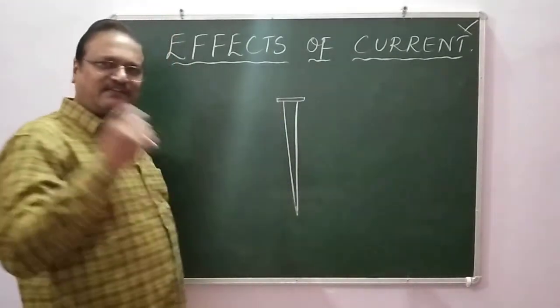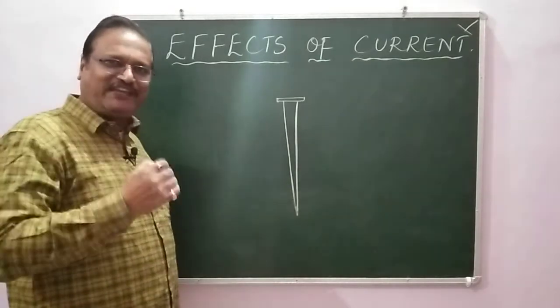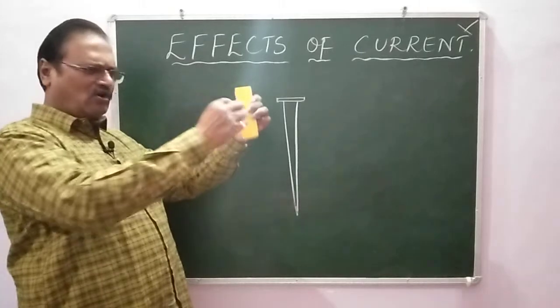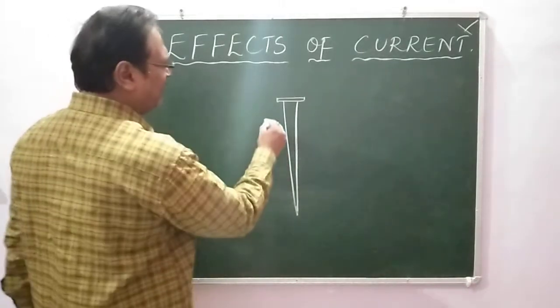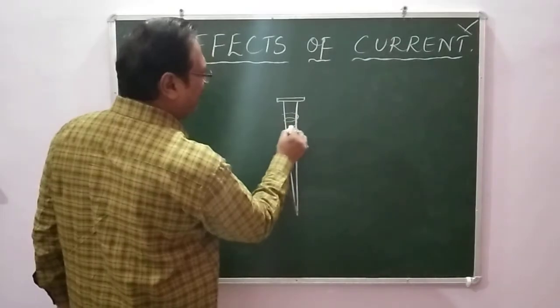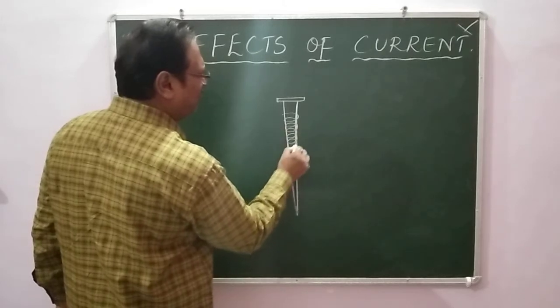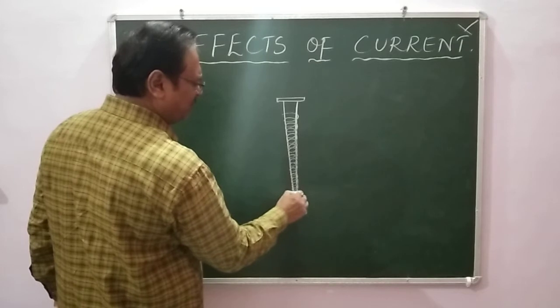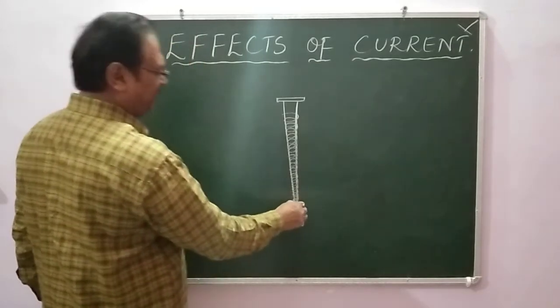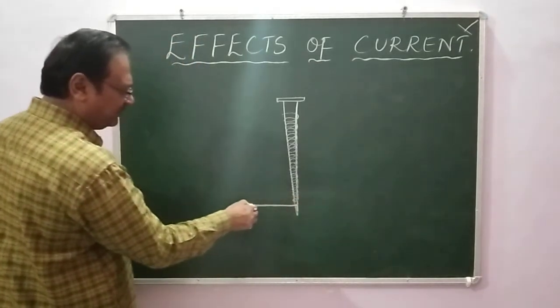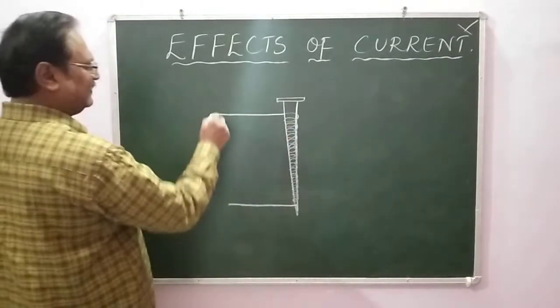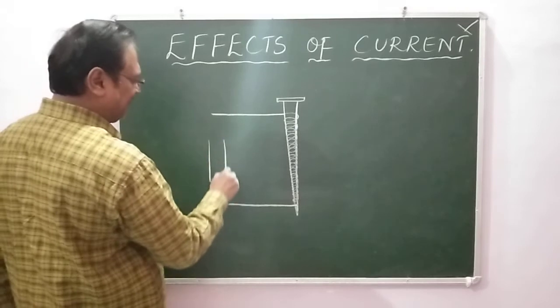Now what you need second is a piece of wire. Take a long piece of wire and wind it. Go on making turns. This end of it, bring it out, take the front end like this and then connect it to a cell.